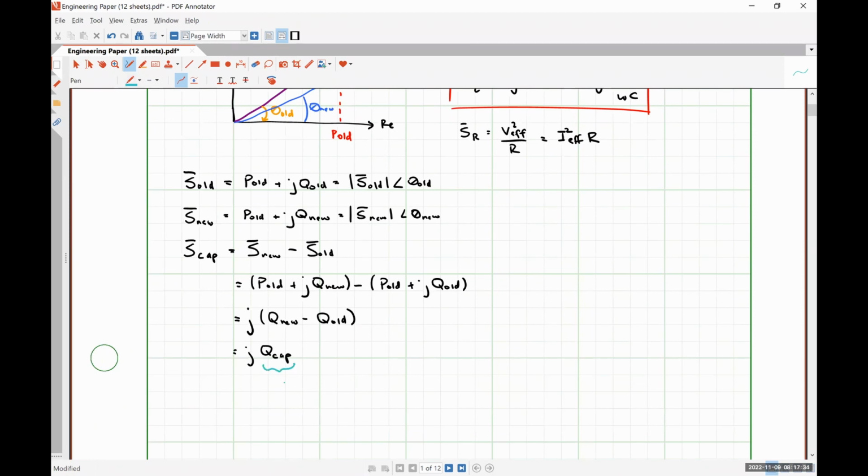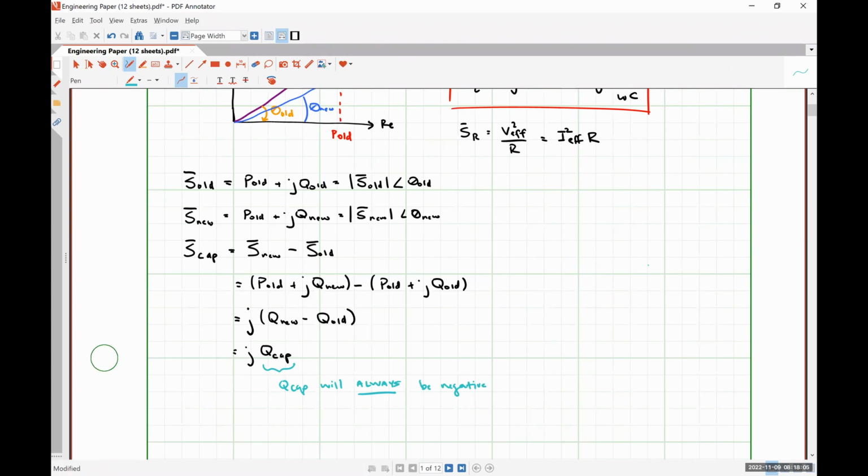Okay. So I want to point out something here. This quantity Q cap will always be negative because we are trying to reduce our angle here. Okay, so we're trying to make effectively the magnitude of our complex power small.